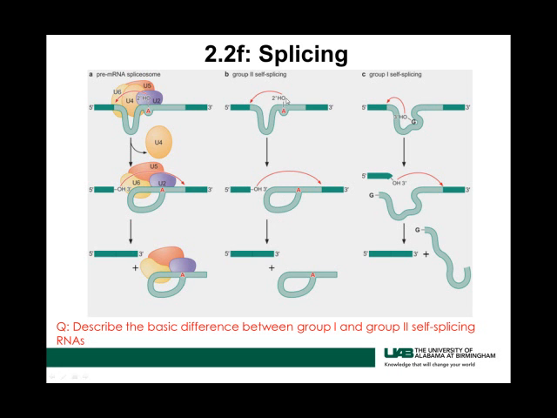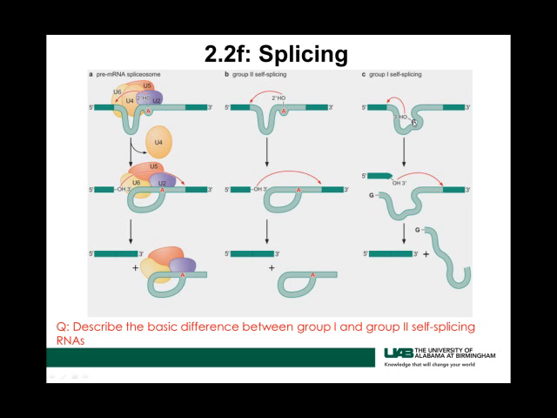And the other one is called group 1. Now, the difference between these two is that A is actually a part of that intron, okay? There is, if you can call it that, a branch point G. But as you can see, G is not really in the sequence of that intron right here. It's kind of held in a pocket loosely right here.